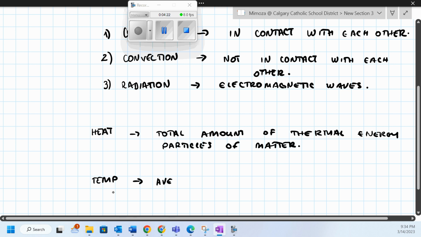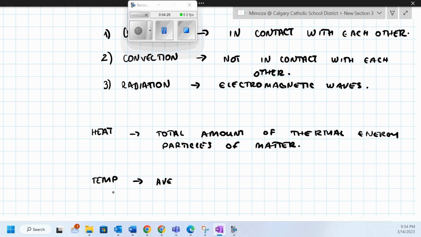And since it is the average, it doesn't depend on how many particles are in it. Average of kinetic energy.